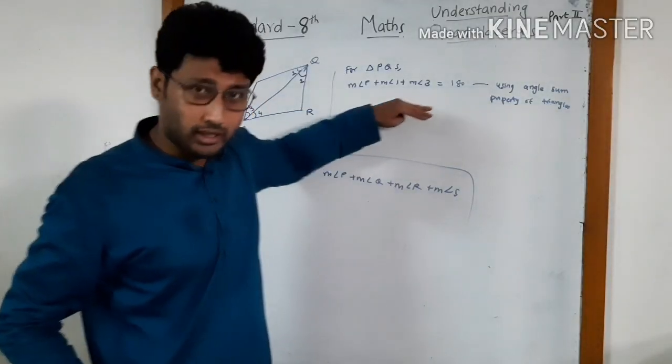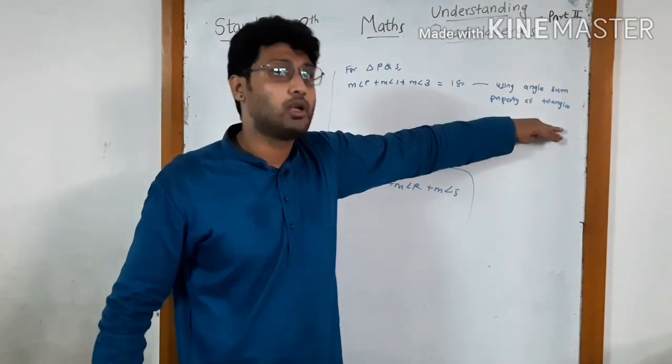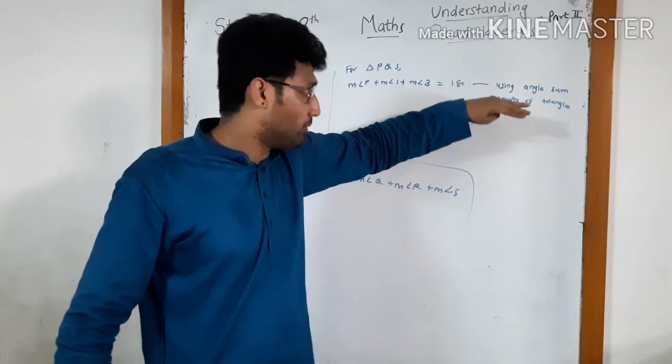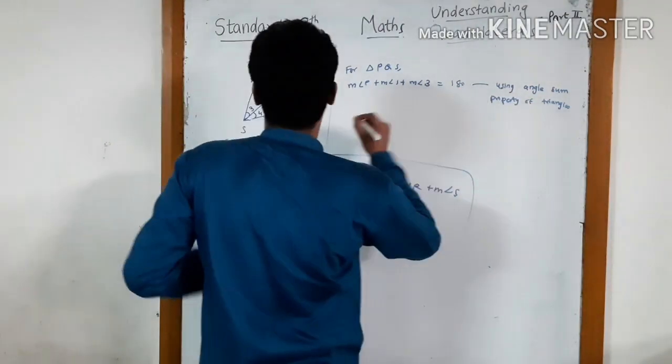When you write such things, it is important to mention what is the property used. So this is the property of the triangle which you are using, on the basis of which you are writing this. So this is 180, right?